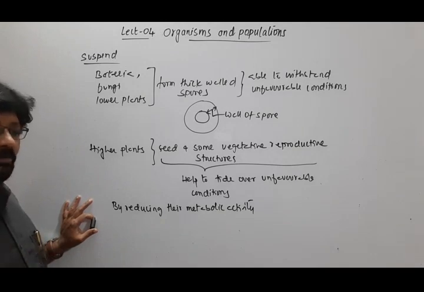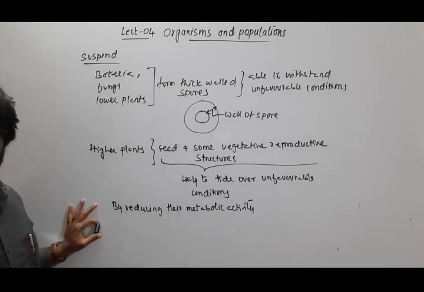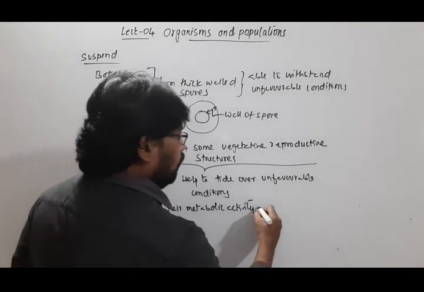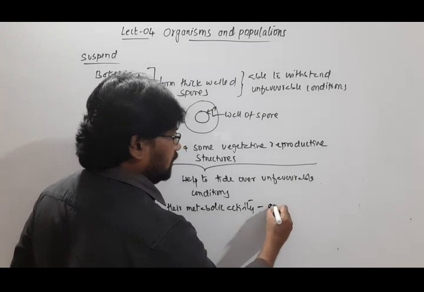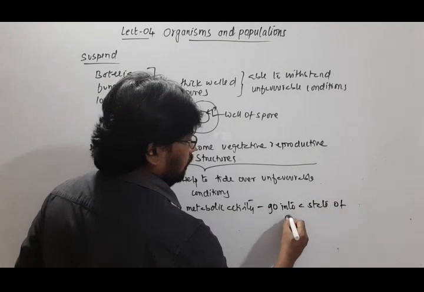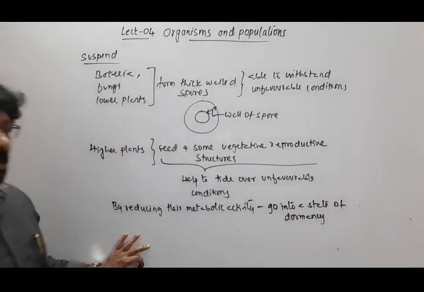If it were completely dead, you could not expect a new plant to develop from that seed. So by reducing their metabolic activity, they go into a state of dormancy. I hope in the first year you studied about dormancy.